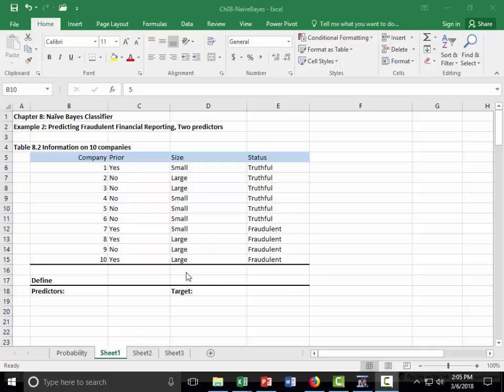So our target is status. F is fraudulent and T is equal to truthful.